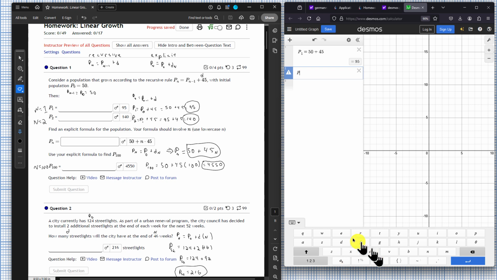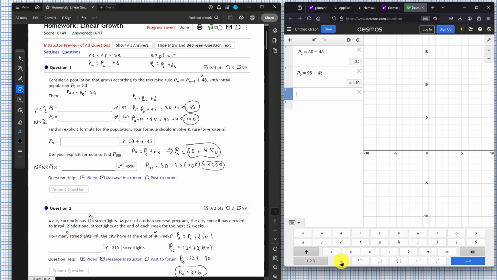So then I hit the subscript here, and it went down a little bit, and I put in a 2. Then I can hit the right arrow key, and it went back up. I can put an equal sign. For P2, what's that going to be? P1, which is 95, the previous result, plus 45, shift plus 45, and it gives me that result there, 140.